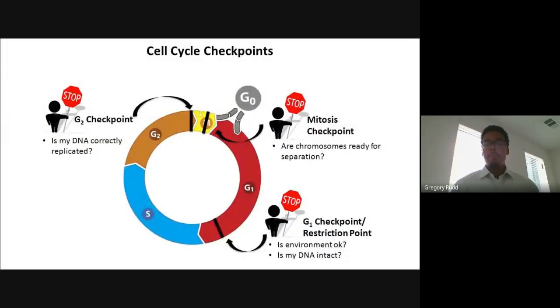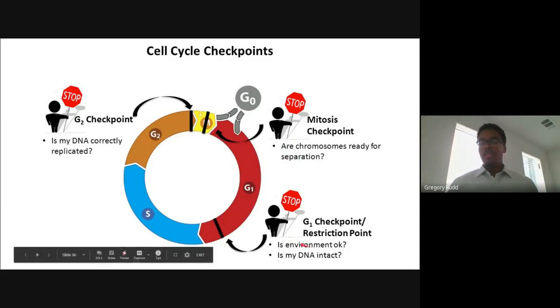All right. So another image, I'm not going to focus on this really, you don't need to write this down. Here are some questions that your cells would ask themselves at these different checkpoints. Are my chromosomes ready for separation? Is the environment okay? So before I actually divide, do I have enough room to divide? Do I have the right nutrients available to divide?